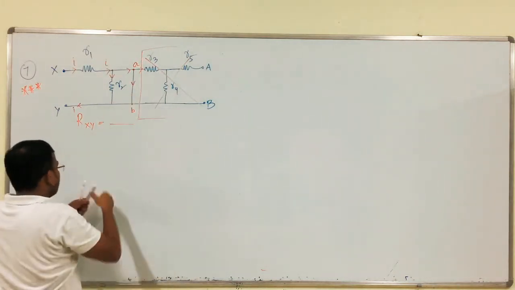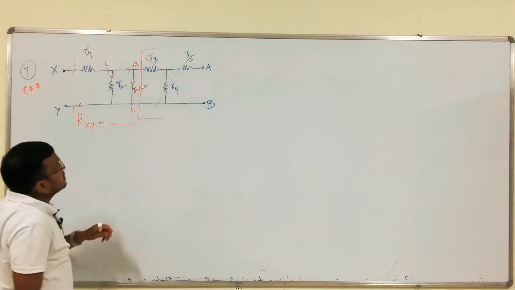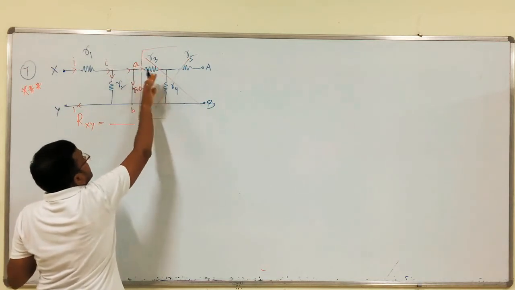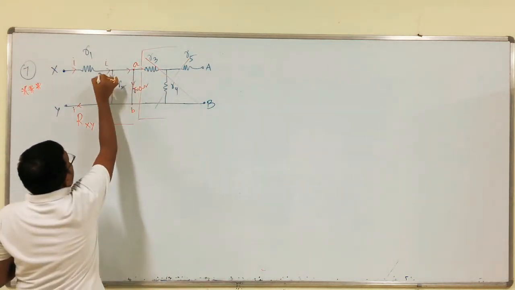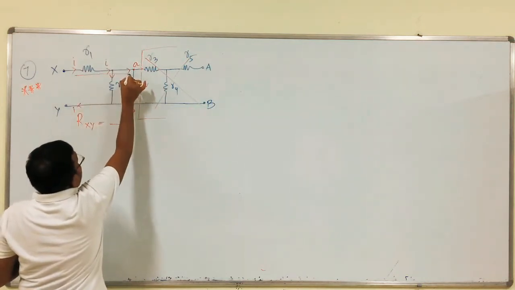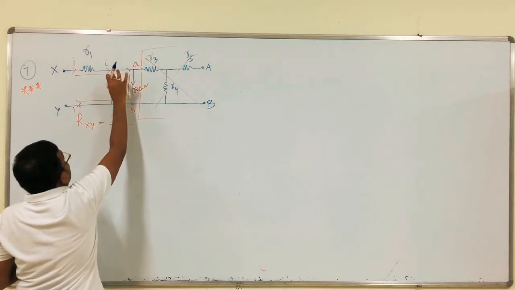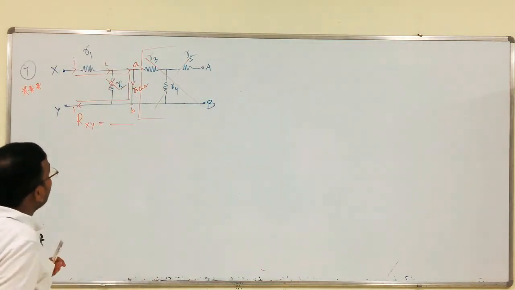So, what is the value of resistance here, which is equal to 0 ohms. So, there is no current through this circuit, only the current can flow like this.